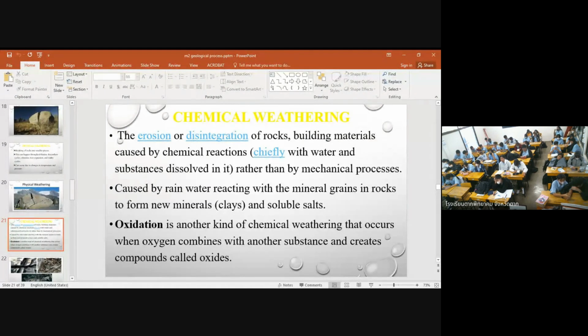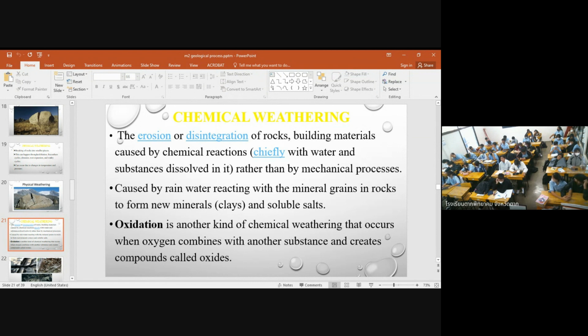Oxidation is another kind of chemical weathering that occurs when oxygen combines with another substance, creating compounds called oxides.